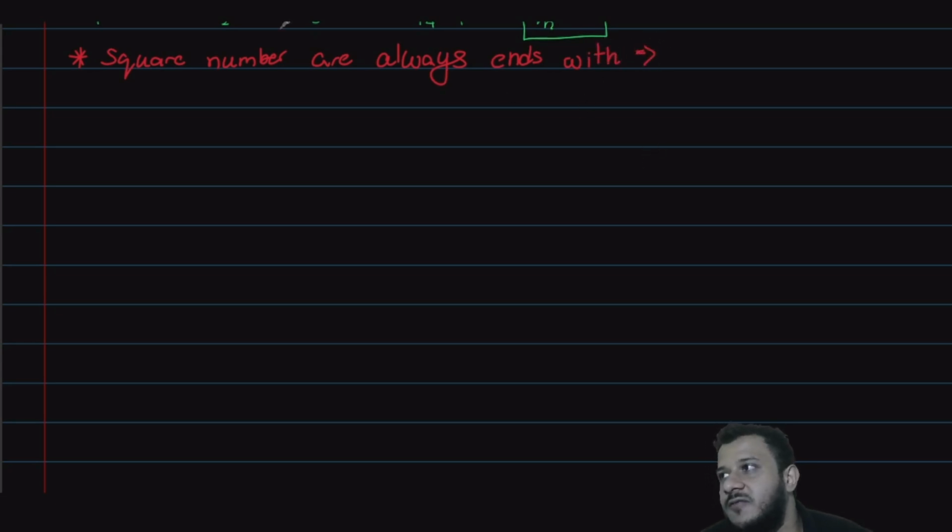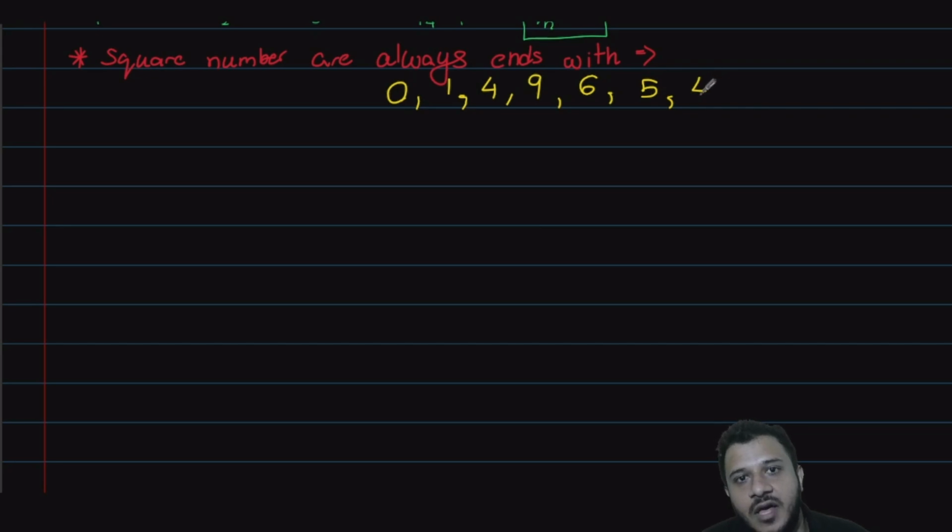You will never get a square number which is ending with a 3. No. It always ends with a 0, 1, 4, 9, 6, 5. 1, 4, 9, 6, 5. Yeah, that's it.